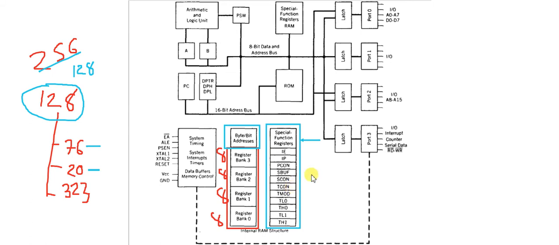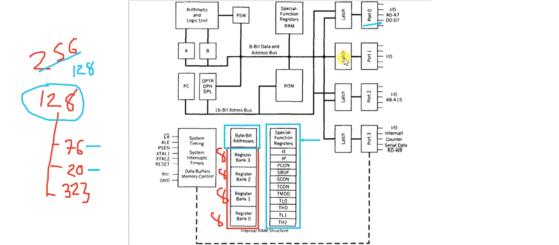Okay, suppose you want to control the direction of a port, then how can you define that this port can work as an input port, this port can work as an output port, or this pin can work as an input or output.